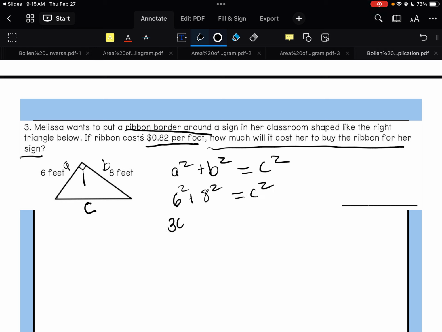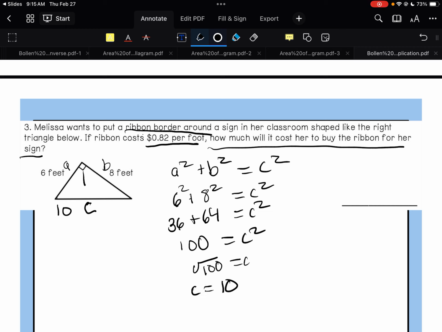You have 36 plus 64 equals C squared. And you have 100 equals C squared. So you have the square root of 100 equals C. And so C would equal 10.